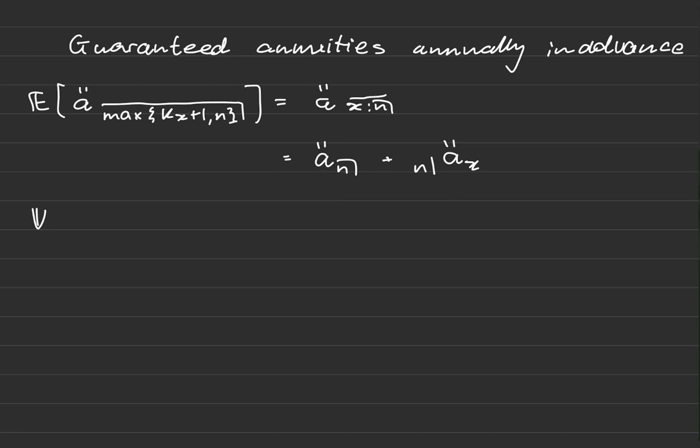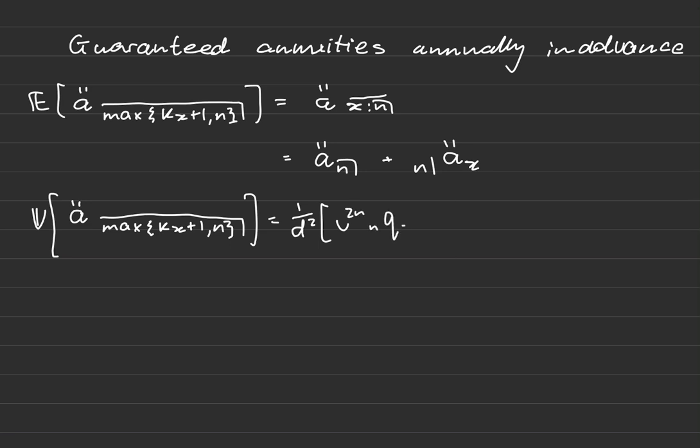So the variance of this random variable will be equal to 1 over d squared, v to the 2n, nqx plus n a x, so double the force of interest here, and minus v to the n nqx plus n ax, and that all squared, and then close my final brackets. Okay, so that's the variance for this.